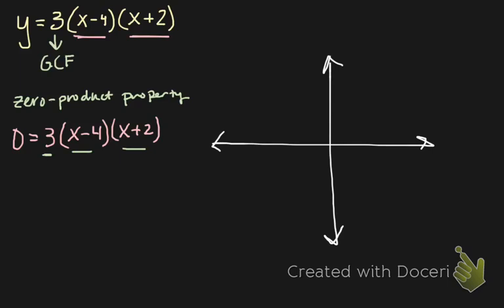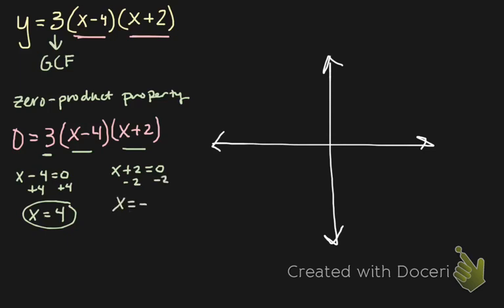So we're going to set up two equations, x minus 4 equals 0 and x plus 2 equals 0, and we're going to go ahead and solve for x. So over here we can add 4 to both sides, so x equals positive 4, and we're going to subtract 2 over here from both sides, so x equals negative 2. All right, these guys are going to represent our x-intercepts.